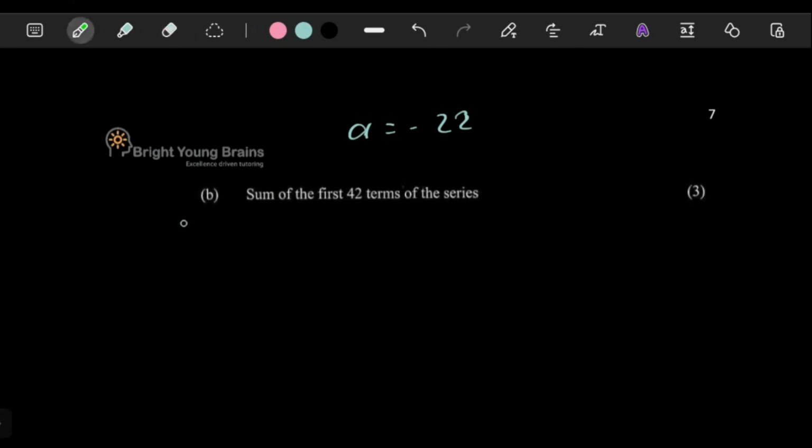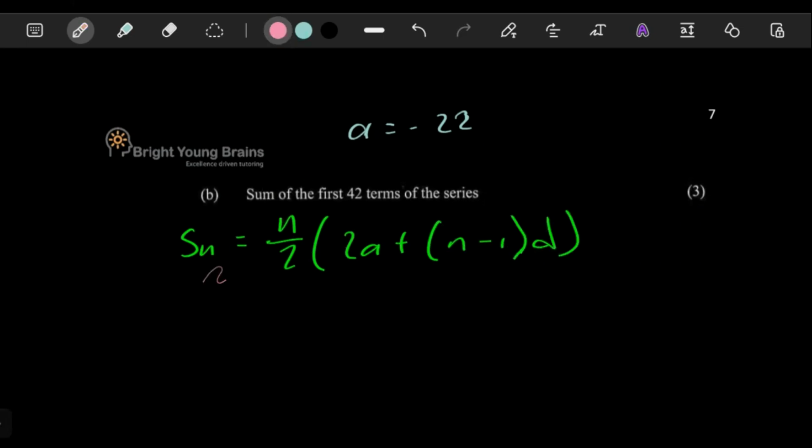So here we can say Sn is equal to n over 2 times (2a plus (n minus 1)d). N is the number of terms that you're adding up, so that's 42. A is negative 22, and d is the common difference, which in this case was plus 4.